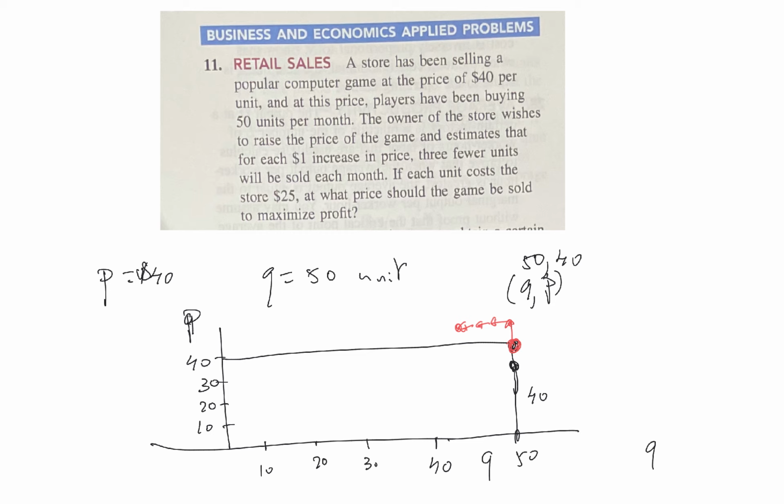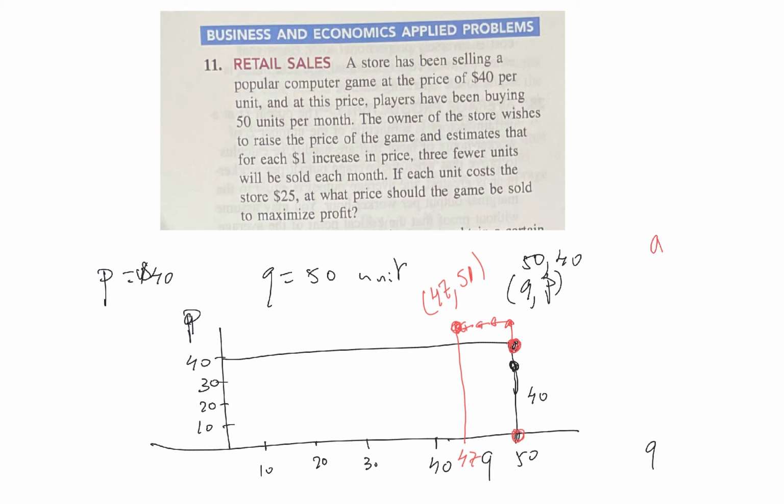Which point is this one? You start here at 50, you decrease 3 units, so you are at 47, and the price is 41. So this point is the point 47, 41.